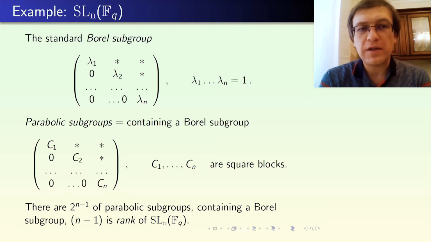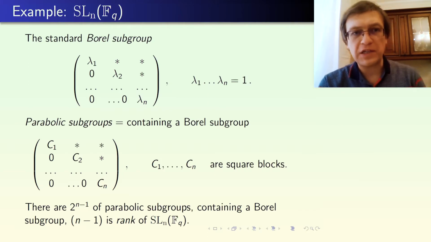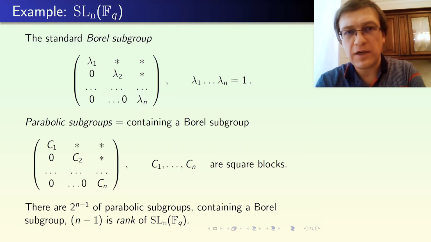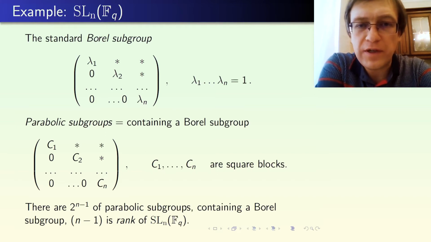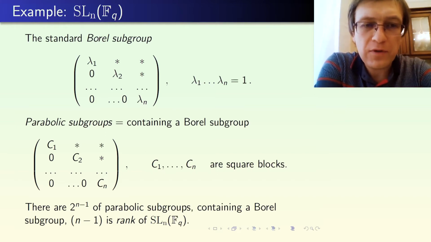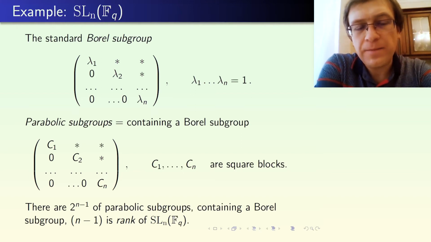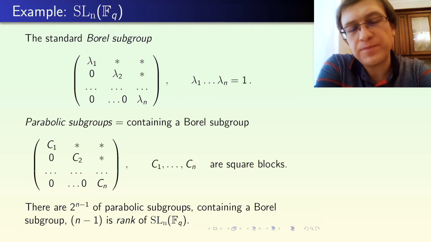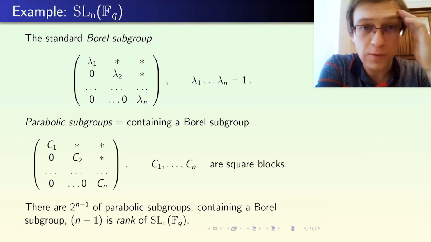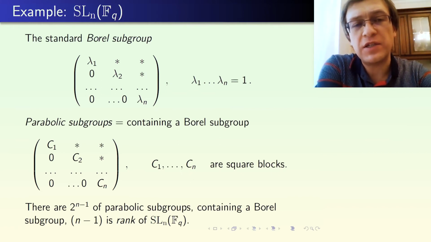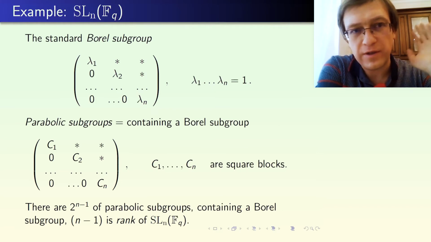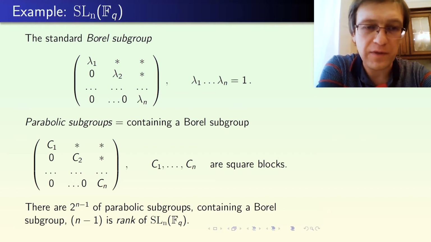It's the standard subgroup of the upper triangular matrices, with the restriction in SL_n that the product of all diagonal elements equals 1 in the field F_q. So it's the standard Borel subgroup, but if you conjugate it, it's also a Borel subgroup. So a Borel subgroup is any conjugate of this one.